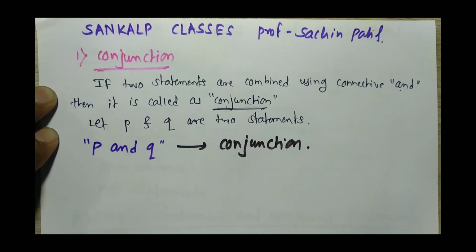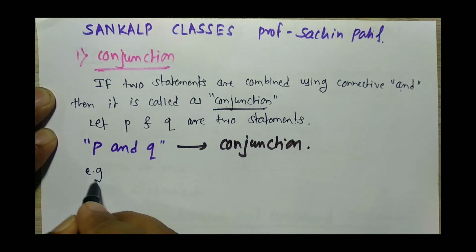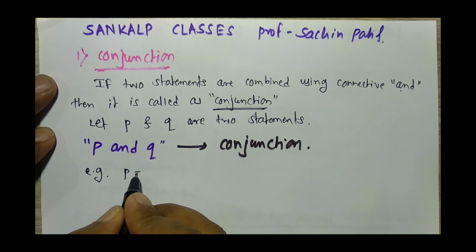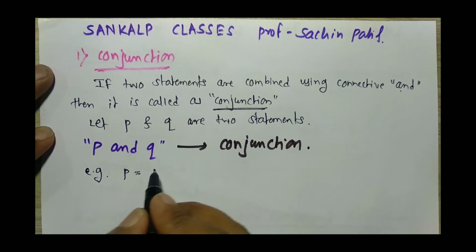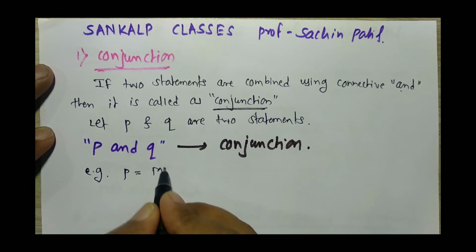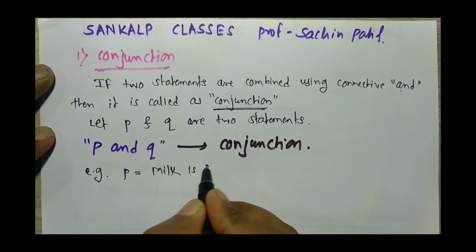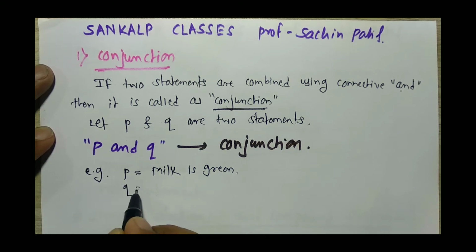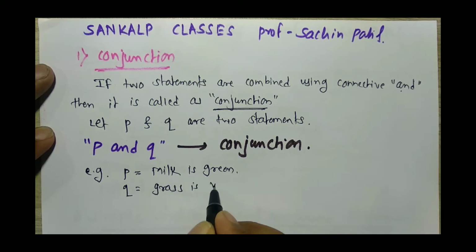Let us consider an example. P is the first statement, which is: milk is green. And the second statement Q is: grass is white.